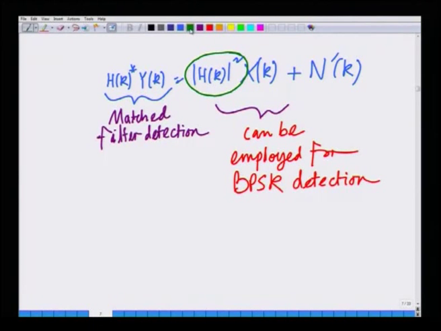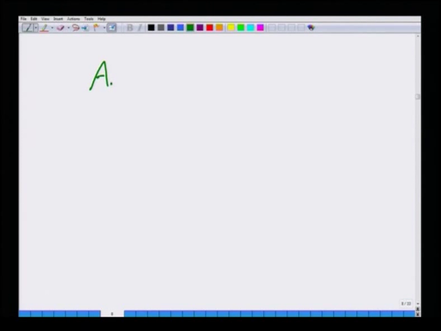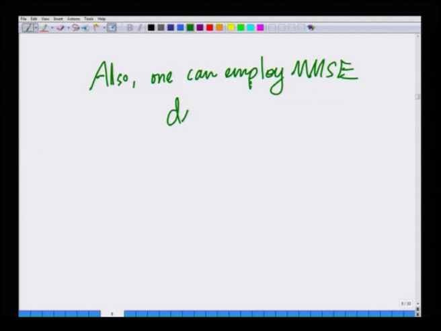So let me just write that equation also. One can employ the MMSE detector, and MMSE gives you better results.